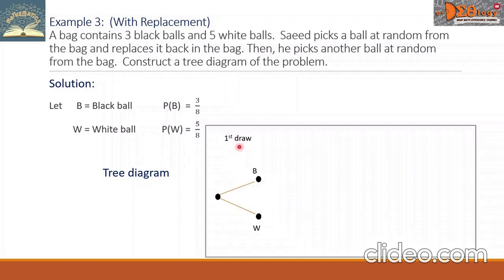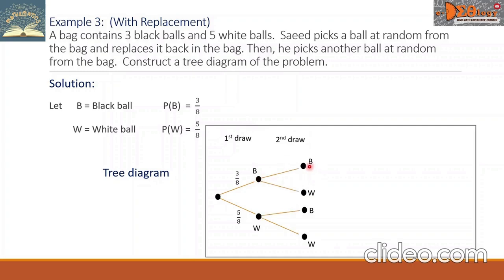In the first draw, we can take a black ball or a white ball. Then we write the corresponding probabilities. So 3 over 8 for B, 5 over 8 for W. Then the first ball was replaced back in the bag. Then we go to the second draw.